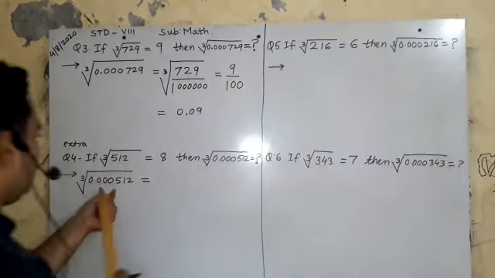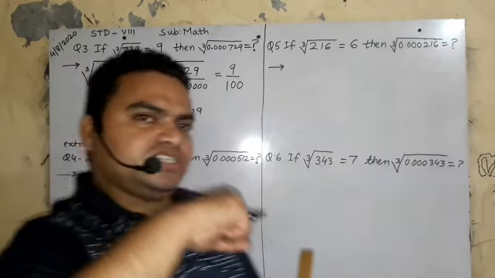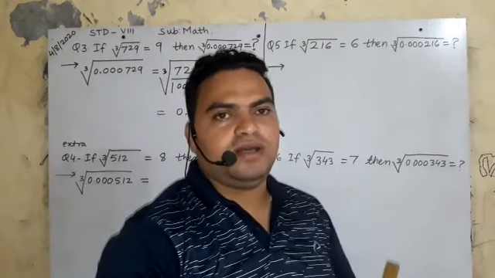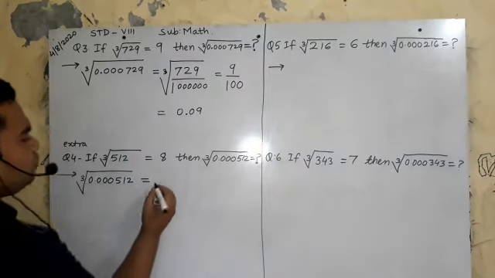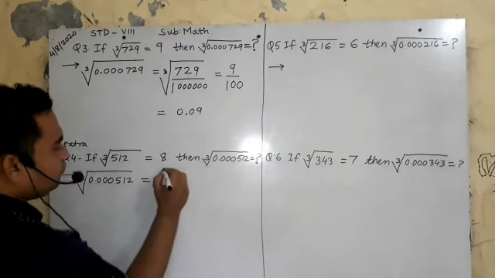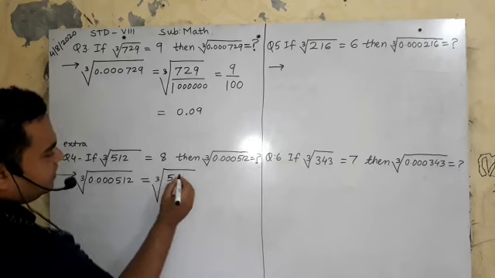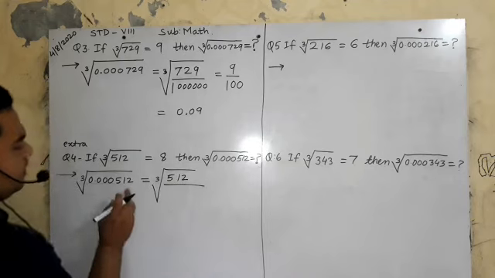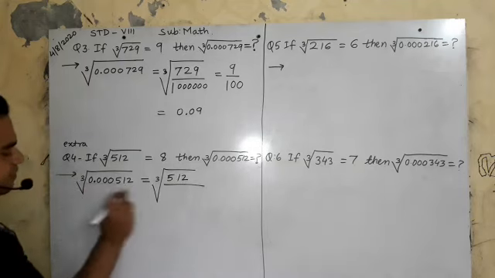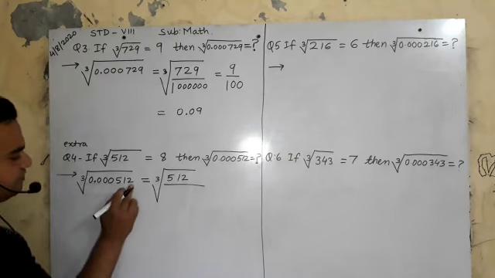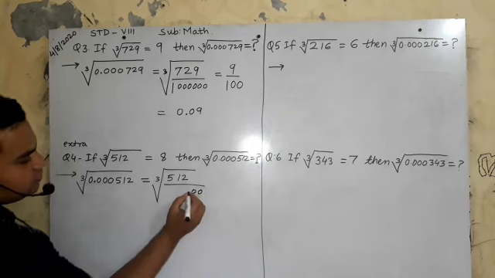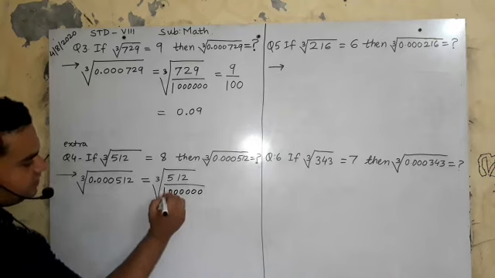I don't know about these zeros, so I will remove the decimal point. I don't want the decimal point. So I will write the cube root of 512 upon, count after the decimal point: 1 2 3 4 5 6.